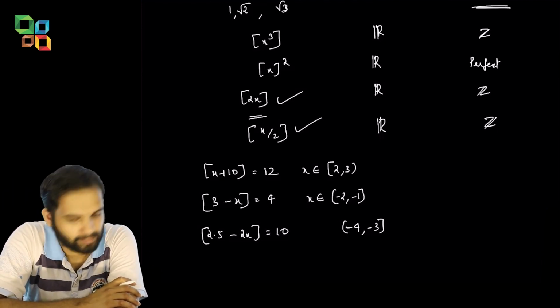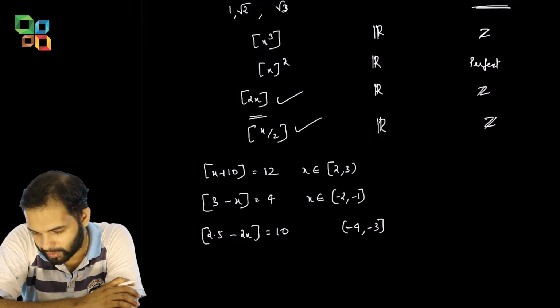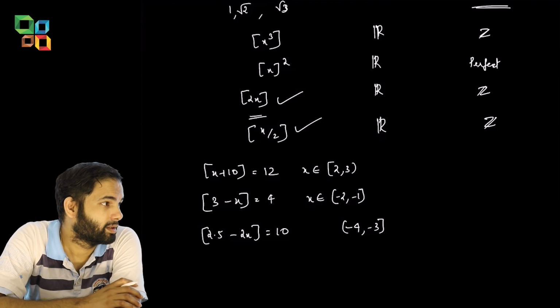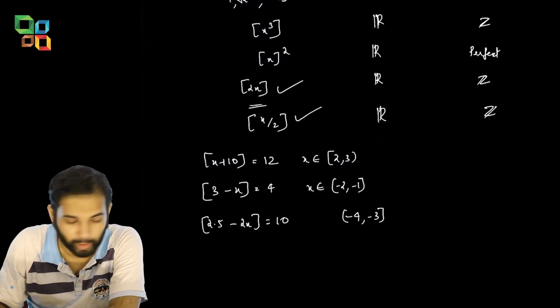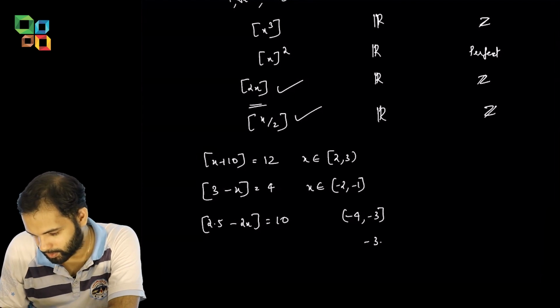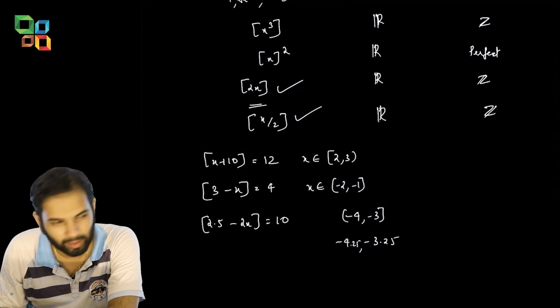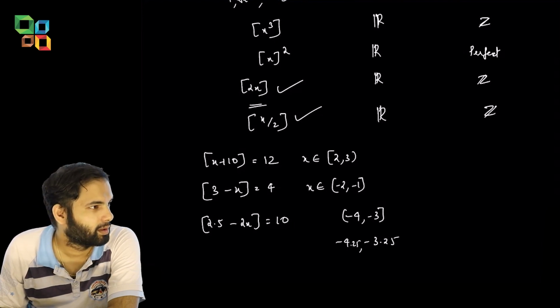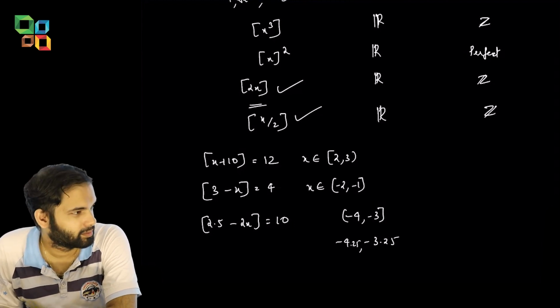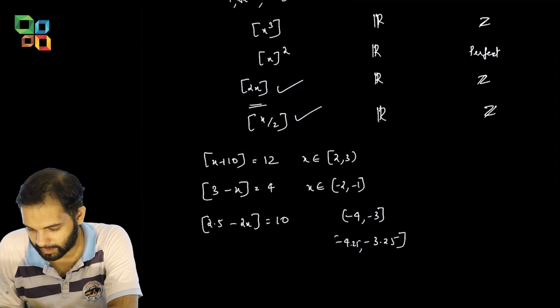Even minus 4, it's working, but not exactly right. Minus 3.25 to minus 4.25. Let's see. Very specific number. Including any number? Including minus 3.25? Yes. Okay, let's see.